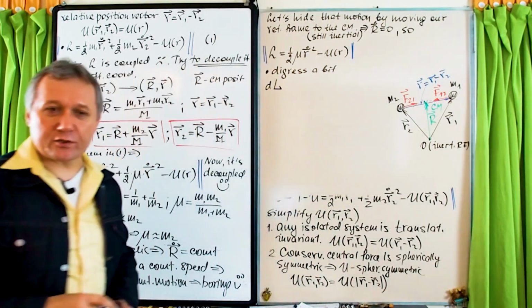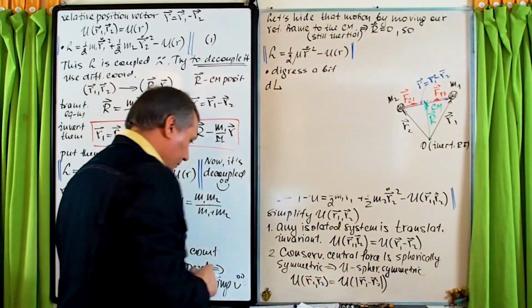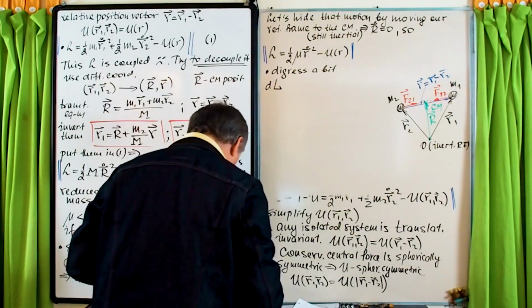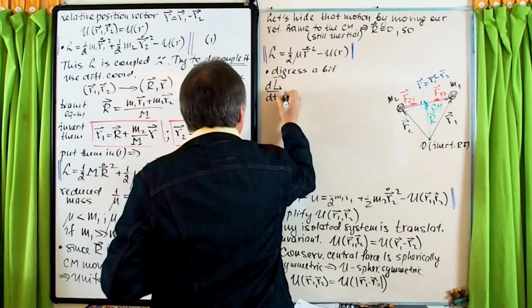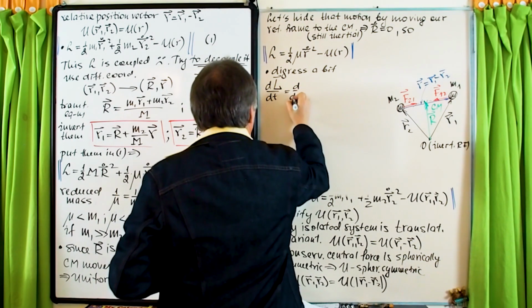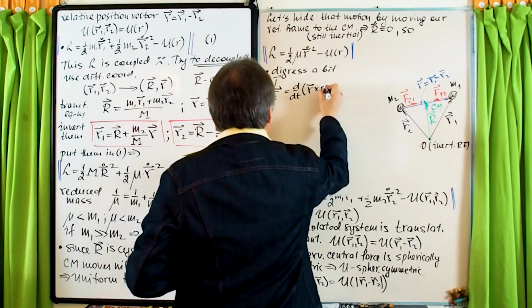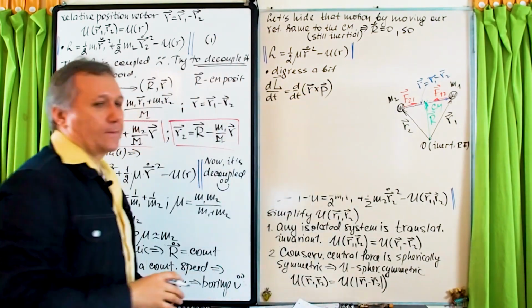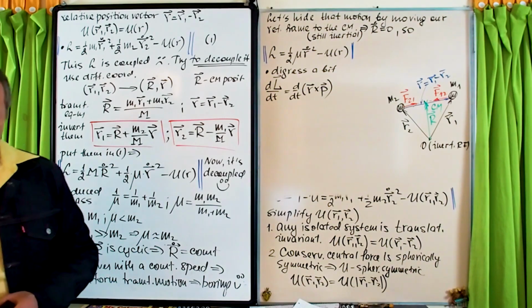You see, I'm using straight L. It means that it's an angular momentum, right? So dL over dt, of course, it's d over dt of r cross p. Right. Again, now we have single particle, fictitious.